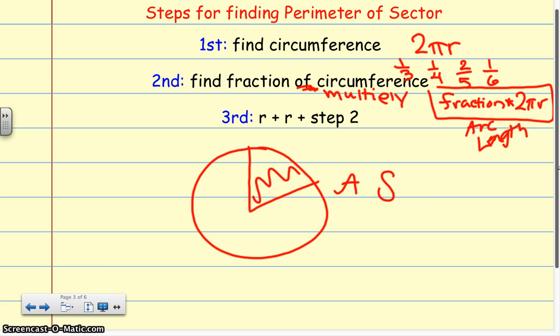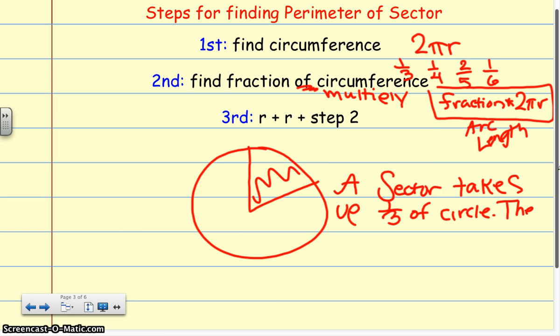It would be written like this. A sector takes up 1/3 of the circle. The radius is 3. Find perimeter.